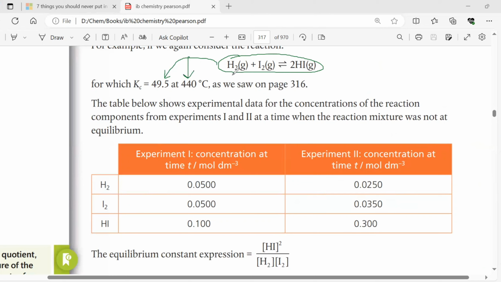Suppose Kc is 49.5; this is a literature value. Suppose we go to the lab and measure the concentrations, not knowing whether this reaction has achieved equilibrium or not. We are studying this reaction, and we have a literature value at a particular temperature.